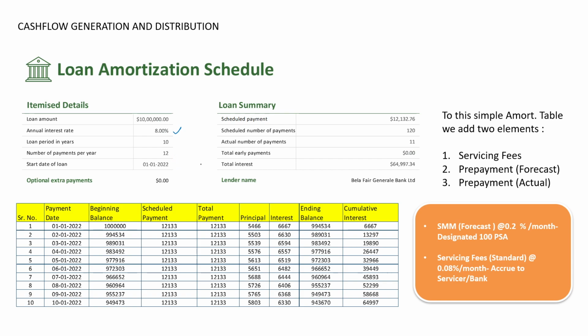There's a monthly payment, so the total number of payments is 120, and here we're talking about the actual first 11 payments with the actual dates being given. Watch as the first payment is being made on 1st of January 2022.